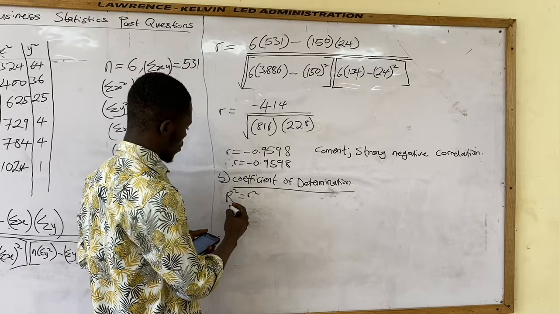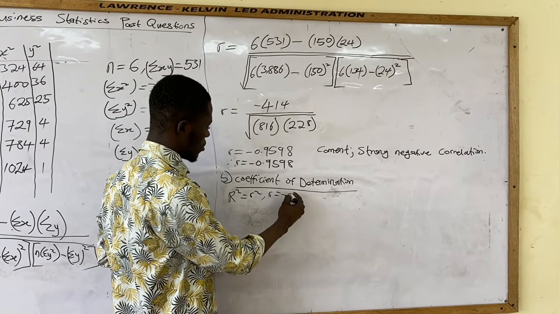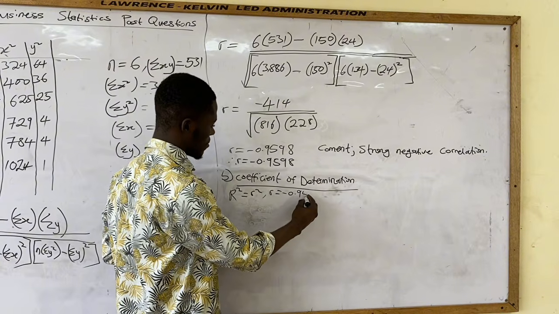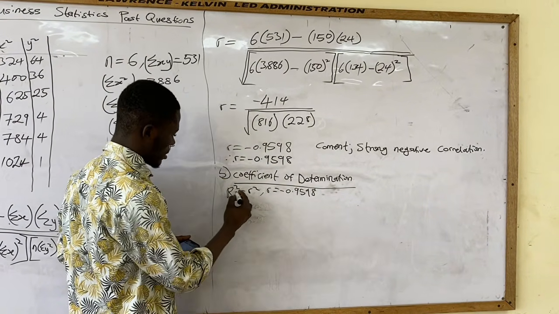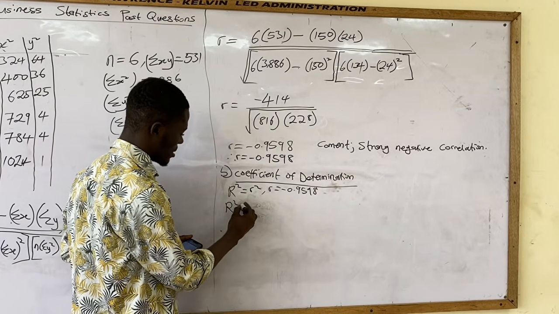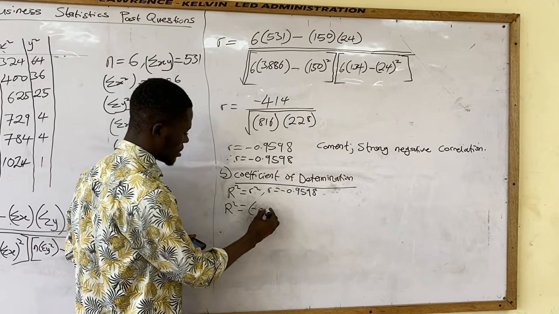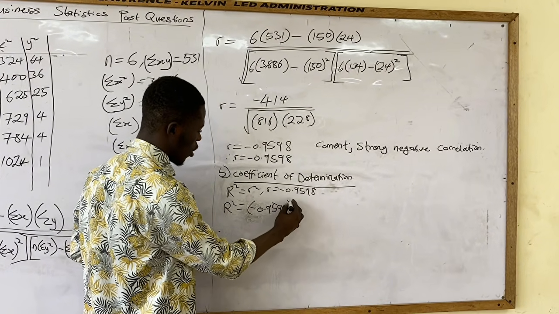Our small r is equal to negative 0.9598, so our r squared is equal to negative 0.9598 all squared.